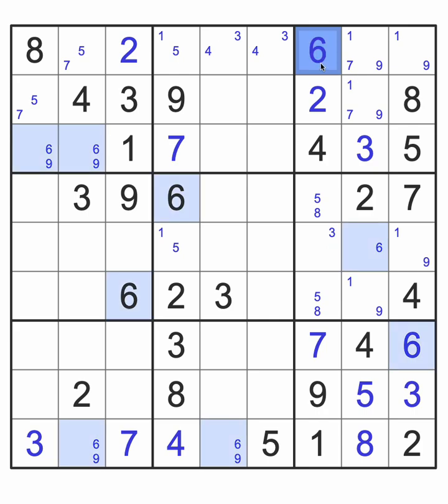That gives me 6 here. And 3, 4 double here. Here's 3 already. So this is actually 4. And this would be 3. And this 6 has made this cell 3. And this would be 6.